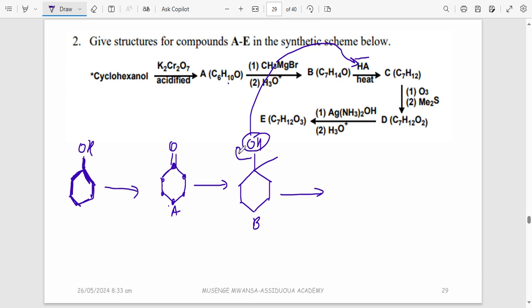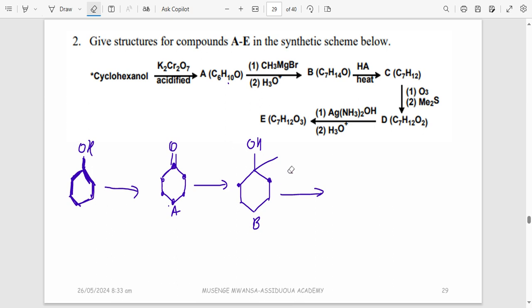It's going to leave, and then A minus is going to grab a hydrogen, either here or here. When it grabs that hydrogen, the bond breaks, it comes here, and you form a double bond. That's why we call it acid catalyzed dehydration.